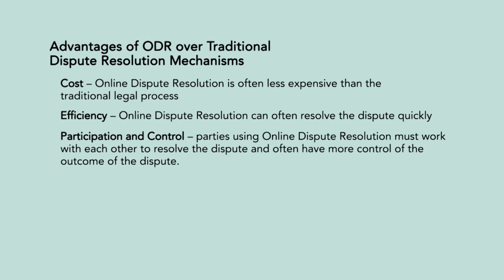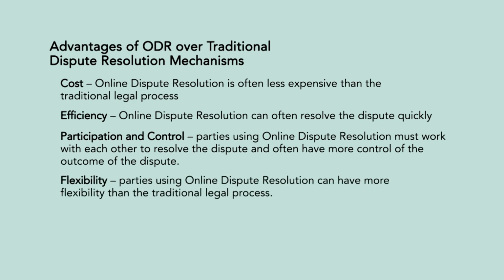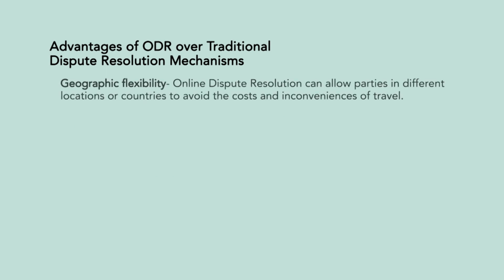And flexibility: parties using online dispute resolution can have more flexibility than in the traditional legal process. Geographical flexibility: online dispute resolution can allow parties in different locations or countries to avoid the costs and inconvenience of travel.